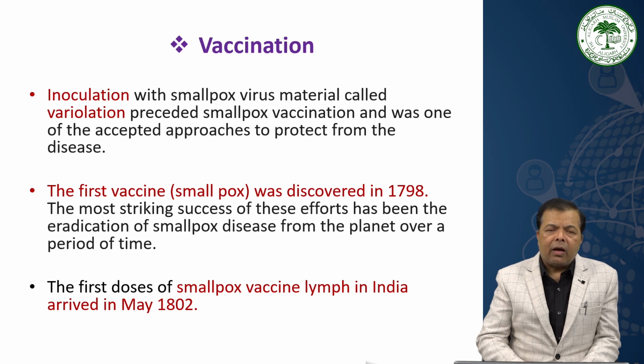So, before the arrival of the vaccine to control smallpox, there was a system of inoculation, and we have been saying that in every society, in every culture, there are certain practices which help the people living in that society to address the challenges coming from the disease and the pandemics or epidemics, depending upon which point of time you are talking about, right?